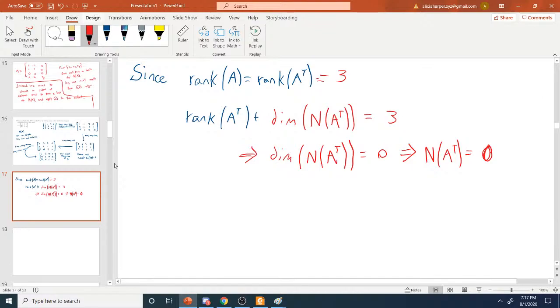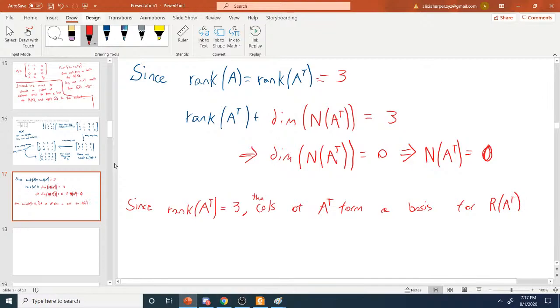It also implies, since the rank of A transpose is equal to 3, the columns of A transpose form a basis for R of A transpose.